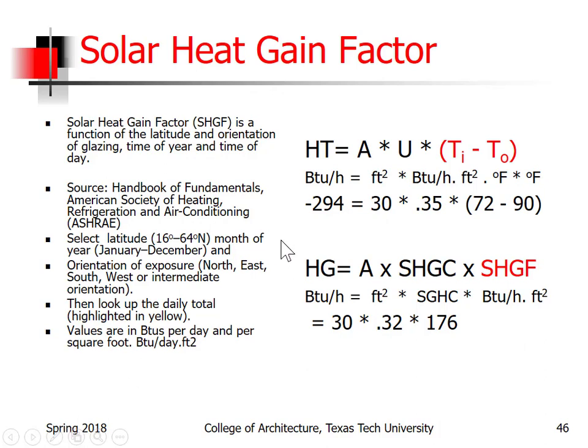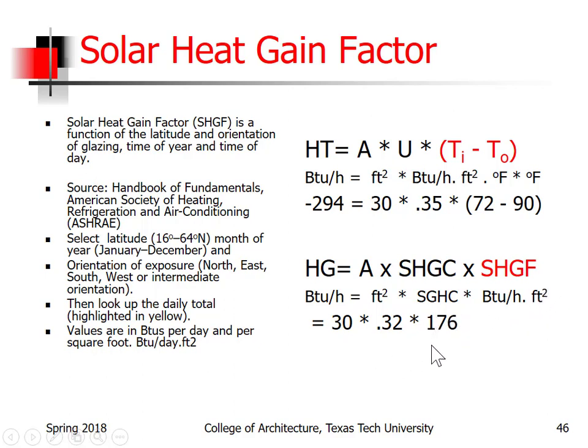So we can put that here in this formula. The heat gain is equal to the area times the solar heat gain factor, and we determined that was 0.32 earlier. So if we have 30 square feet of window times 0.32 solar heat gain factor, only 32% of the energy passes through the window, and we have 176 per square foot.